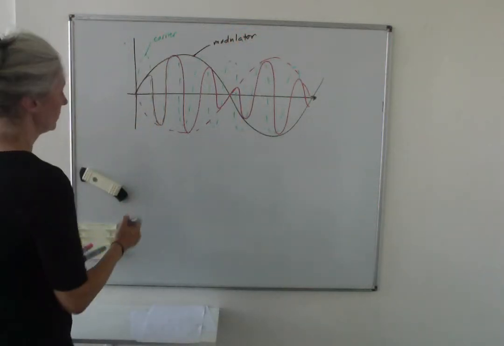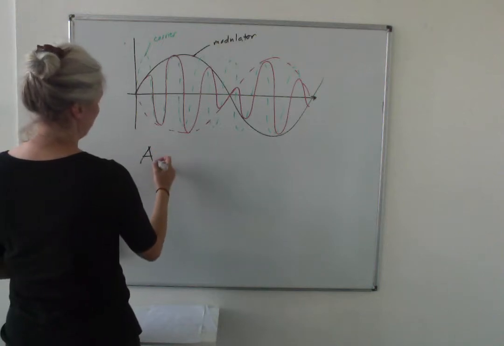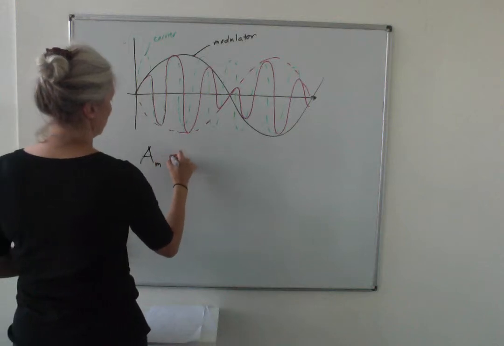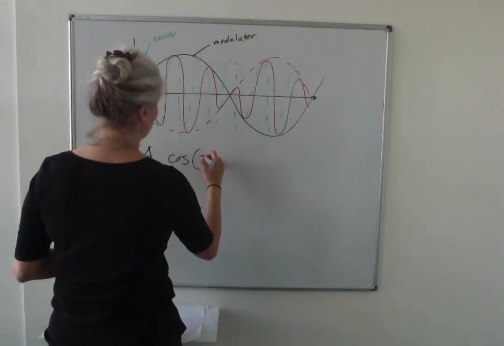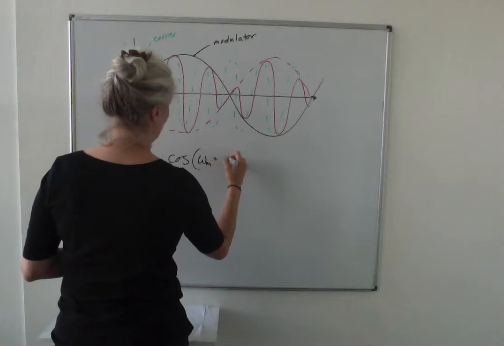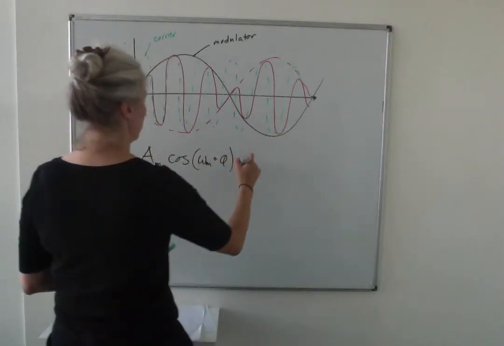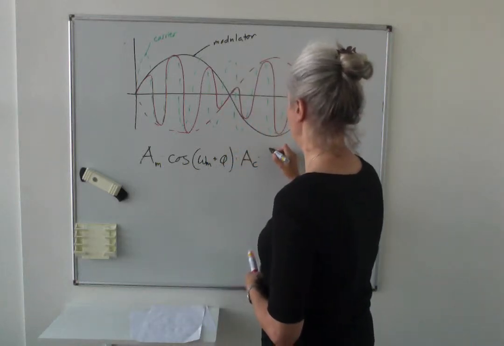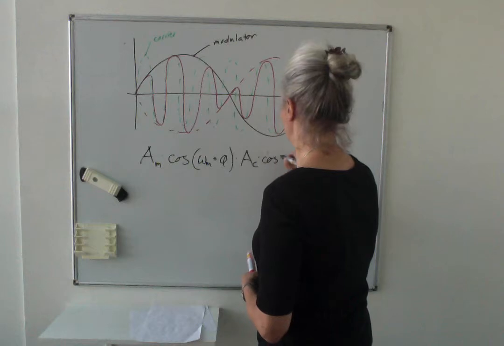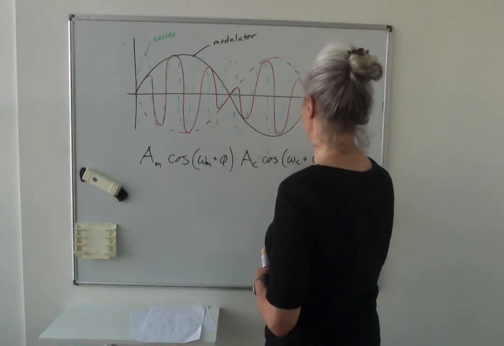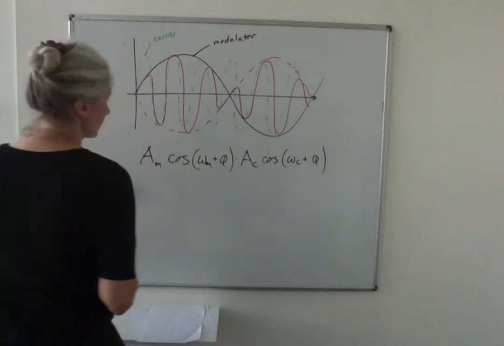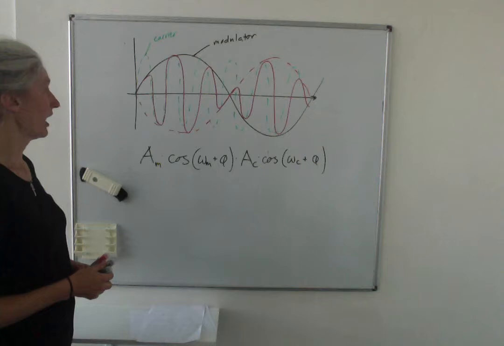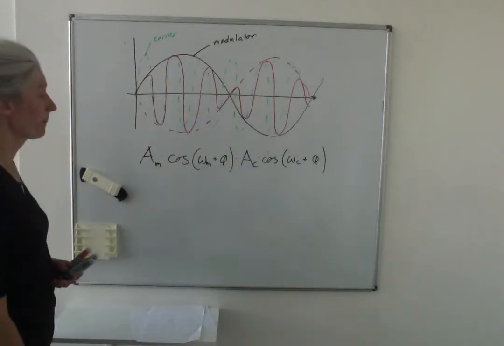And the expression for this is the modulator with the frequency times the amplitude with the carrier and the carrier frequency like that. And this is a simple form of modulation, of amplitude modulation, I can say. Okay?